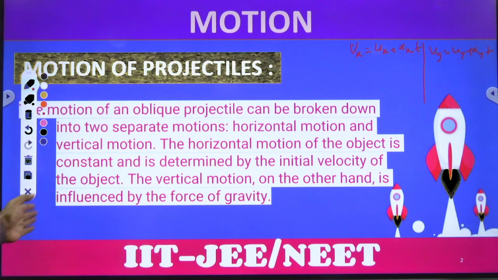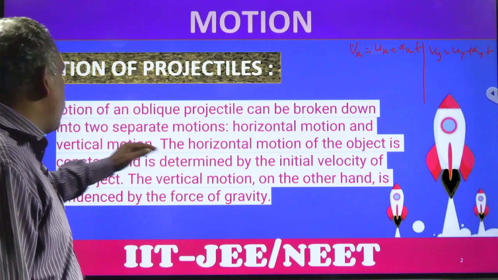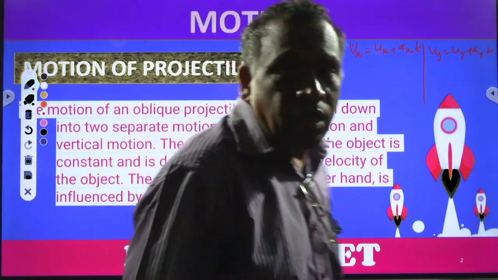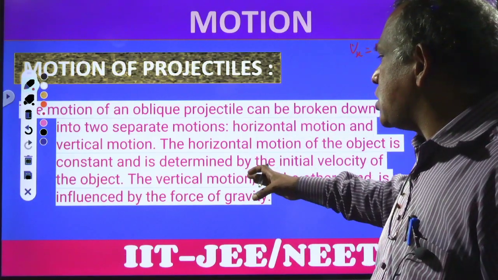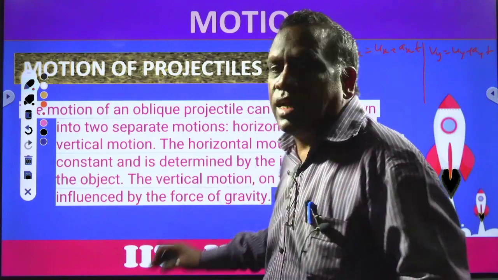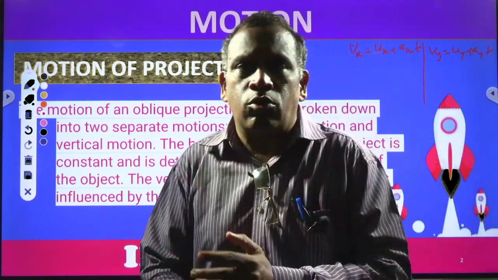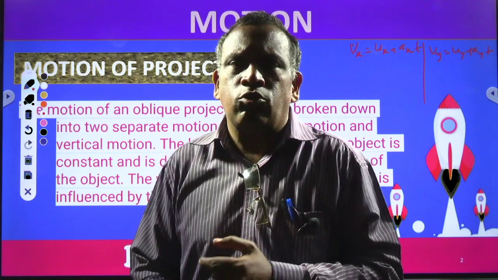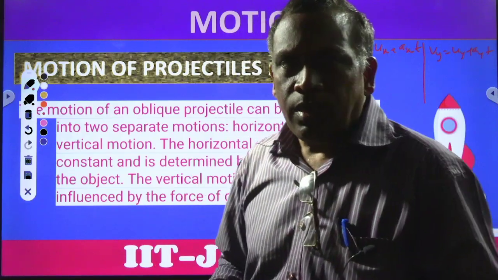The motion of the projectile is broken down into two separate motions, horizontal motion and vertical motion. The horizontal motion of the object is constant, determined by the initial velocity. For horizontal motion we consider ux, and in vertical we consider uy, the initial velocity along vertical.